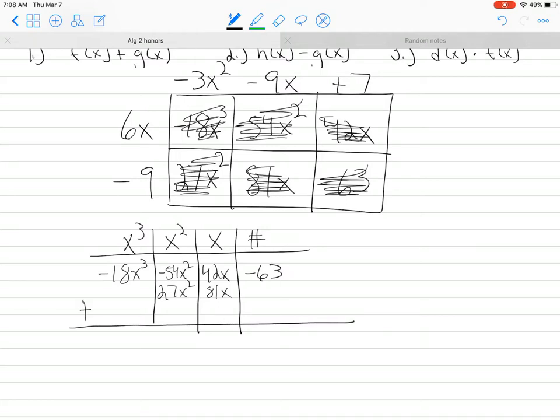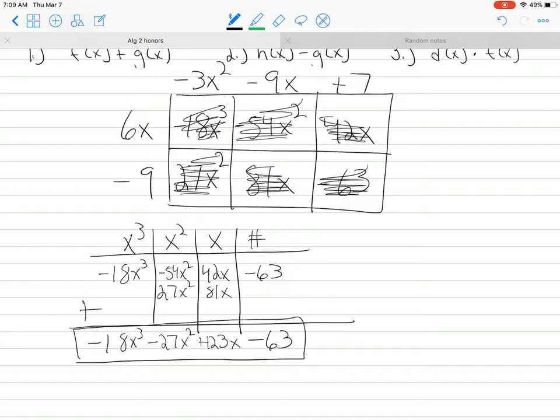Okay? And again, I'm always adding when I do this. Negative 18x cubed. 27 is half of 54, right? So that is negative 27x squared. 42 and 81 is, what's that, a 3, that's an x, that's a 123x. 2 plus 1 is 3, 4 plus 8 is 12, yep. And minus 63. There is my final answer.